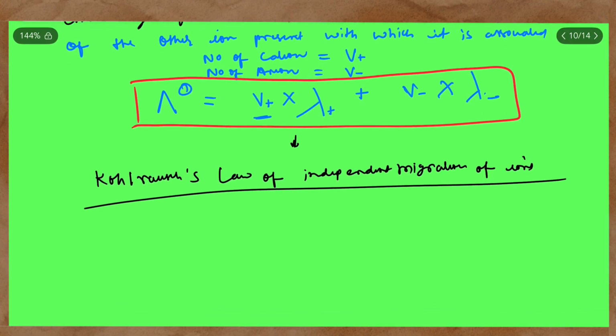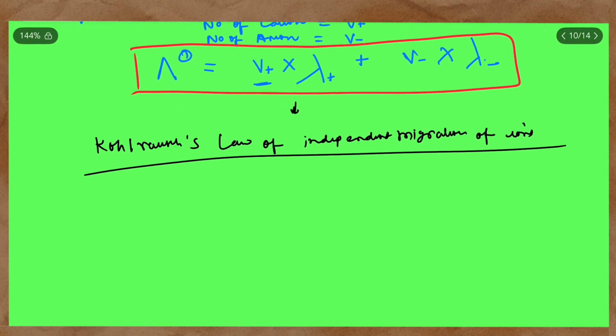I'm taking two or three examples to explain it clearly. If I have K2SO4, here we have potassium ions, the number of potassium ions is 2, plus we have 1 sulfate ion.